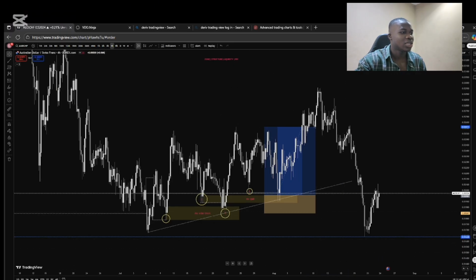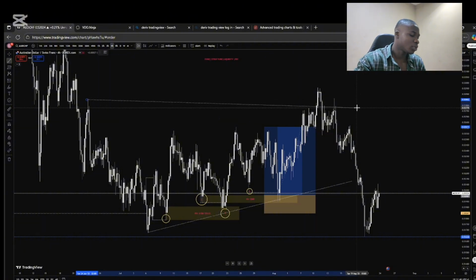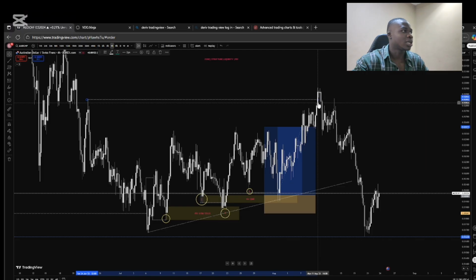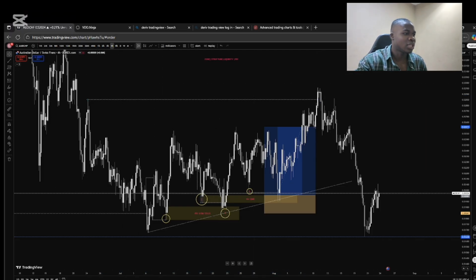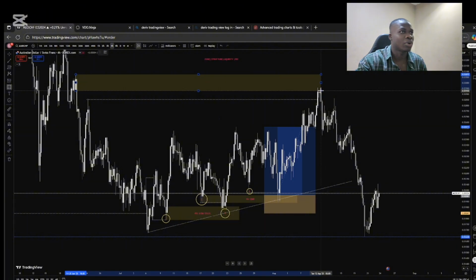As you can see, this is where price activates. Price took this place as liquidity, then activated from this 4-hour order block. Then price did what it had to do, come back to take out the POI.